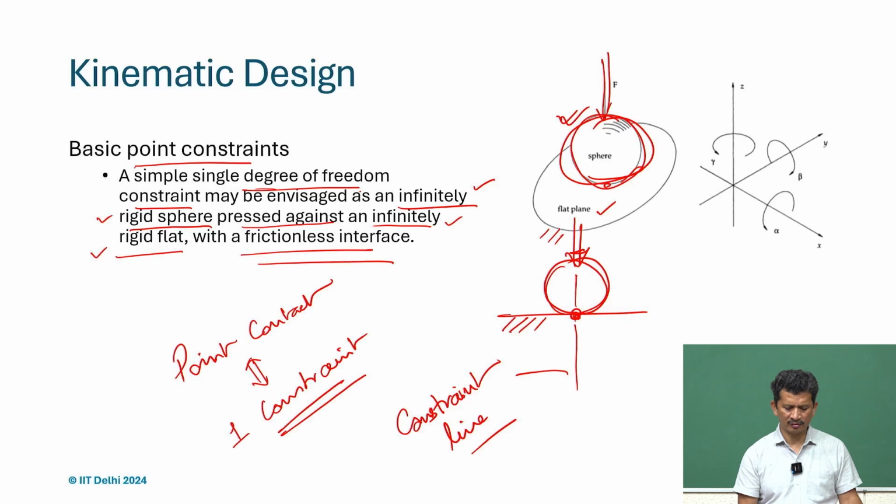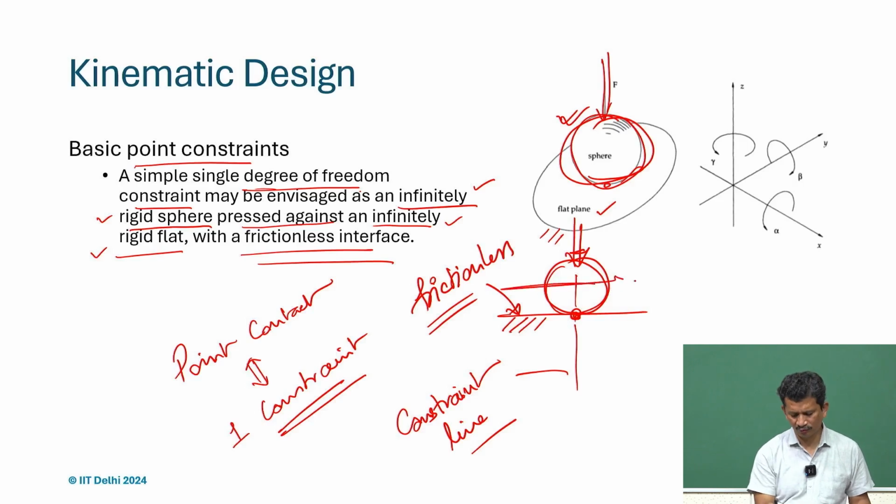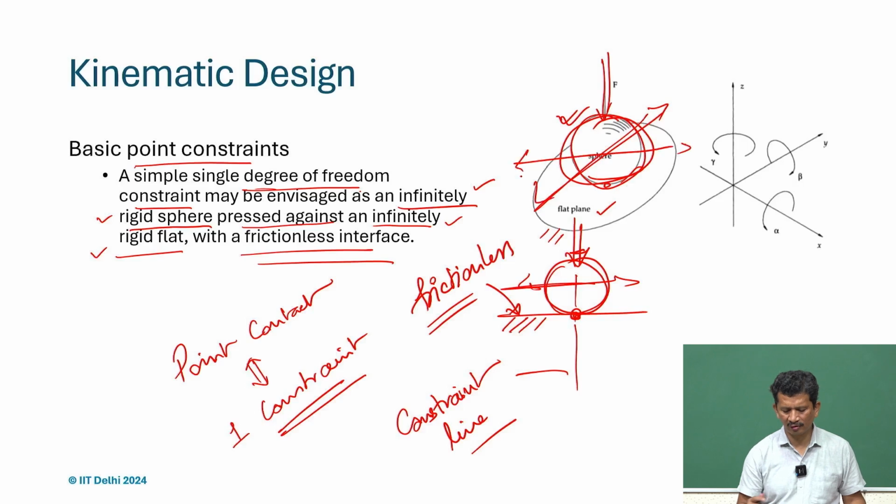In this case, what it also says is that this surface should be frictionless, no friction. So, it can slide easily, so it can move, it can slide. If you take this case, it can slide along the flat surface, right. Only one thing it cannot do is press against the surface.